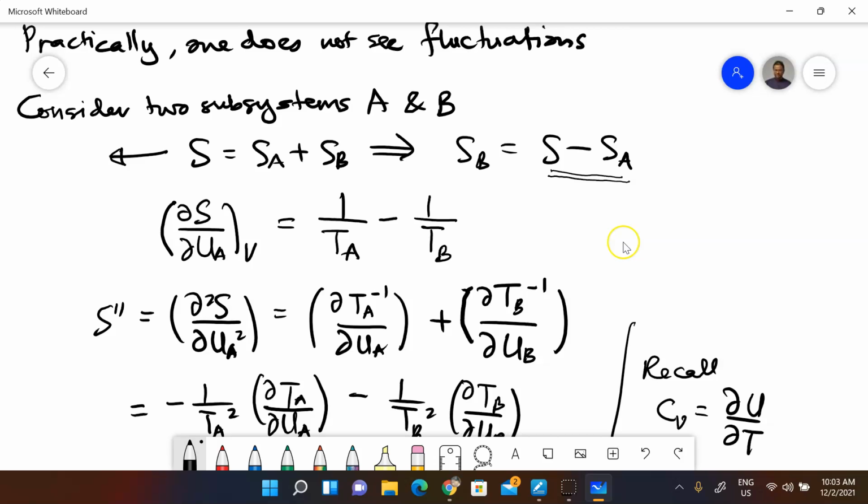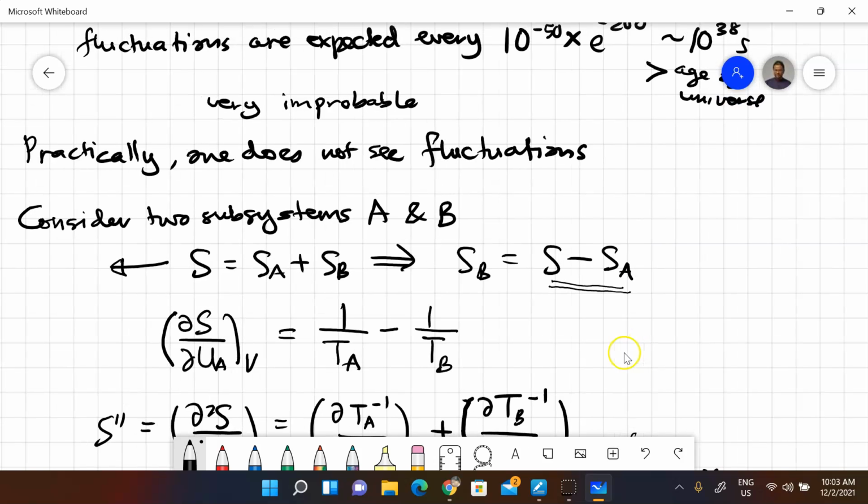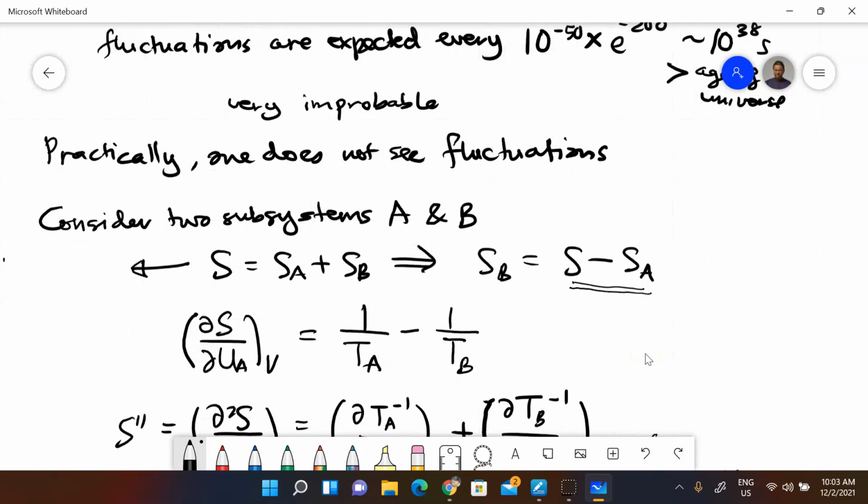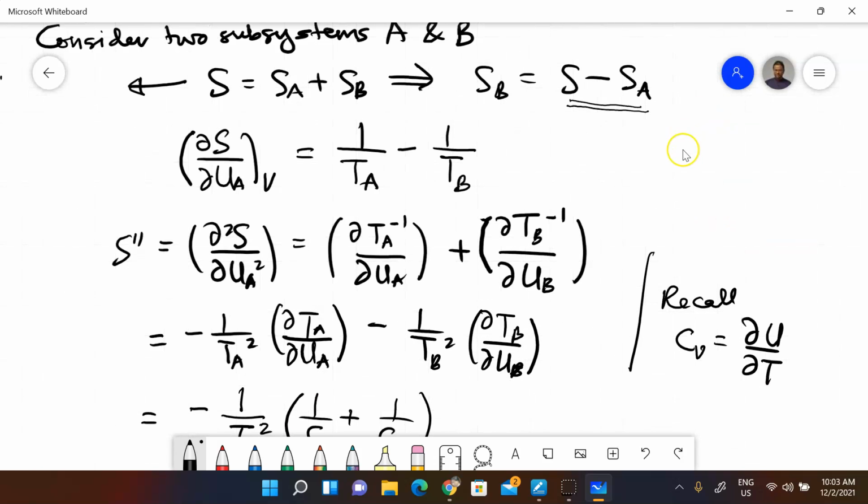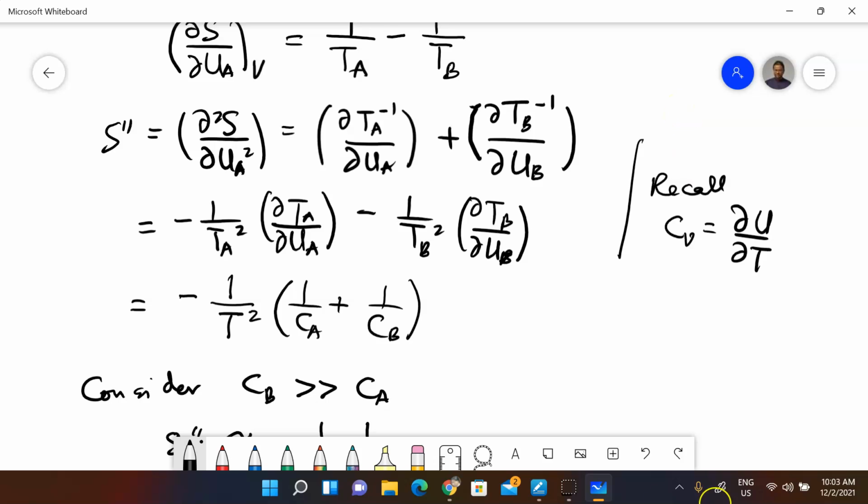Remember, entropy has its own properties, but it's supposed to be explained in terms of the number of accessible quantum states, for example. So we would like to actually also do that. Let us now relate back to the number of accessible states.